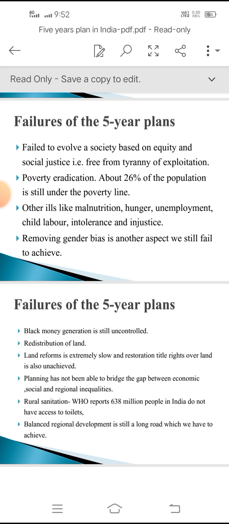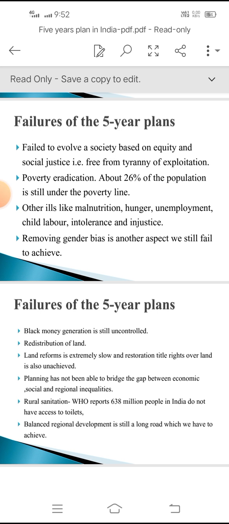According to Newton's law, every action has an equal and opposite reaction. The equal reaction means we have achieved economic development. The opposite reaction means we have lost some social values compared with the past.